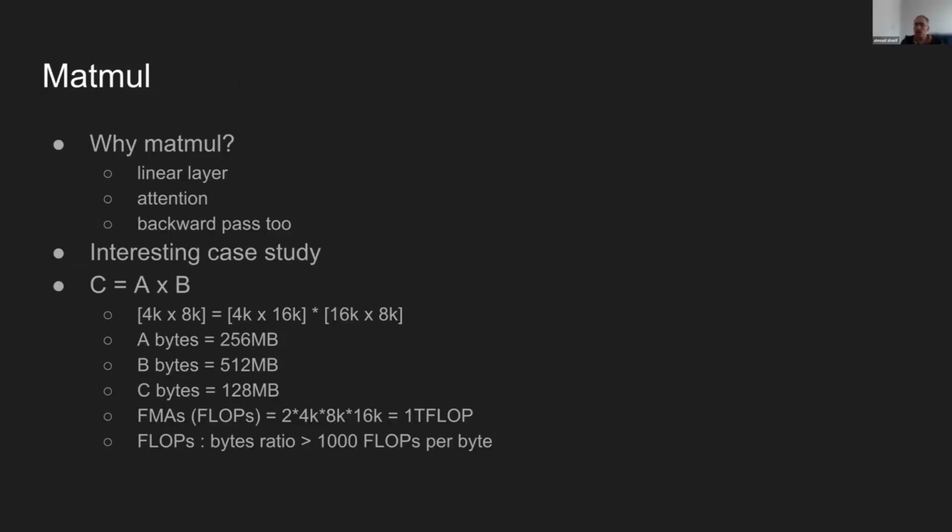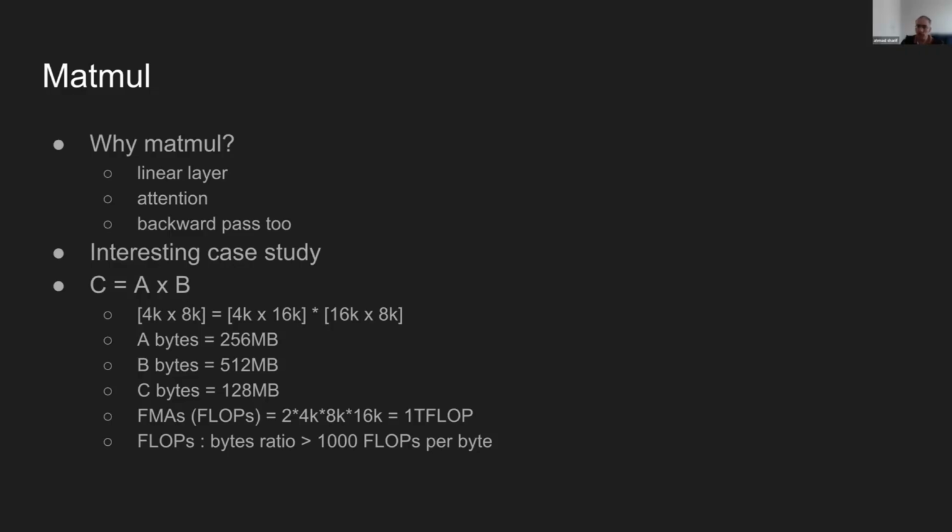So I will be talking about matrix multiplication, and the first thing to ask is, why am I using matrix multiplication as my benchmark? It's a very common operation for machine learning or AI workloads. Basically, any linear layer that you use in your neural network, in the forward pass when you evaluate the weights, gets translated into a matrix multiplication.